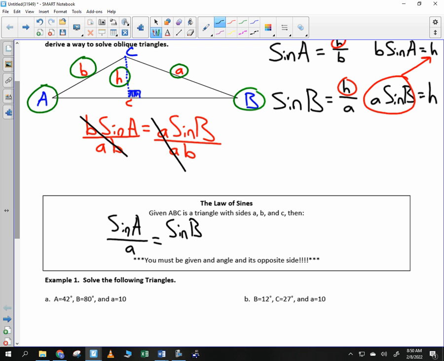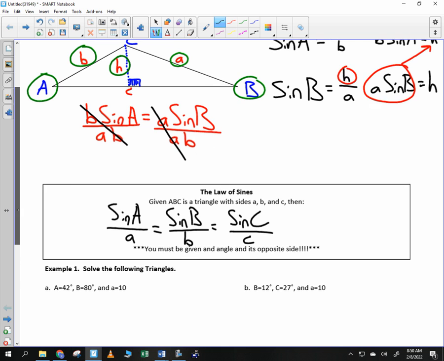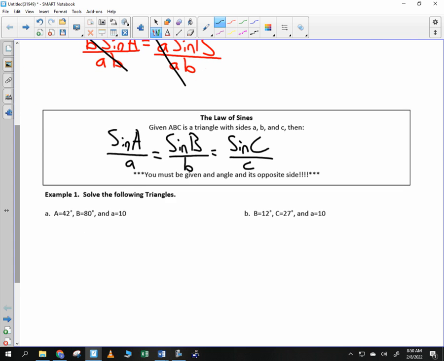Sine of angle B divided by side B. And if we wanted to, we could also write sine of angle C divided by side C. This is the law of sines. Your goal today and for this unit is to be able to solve triangles by using the law of sines.